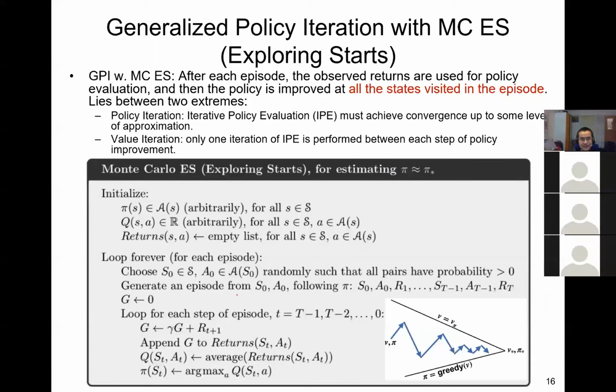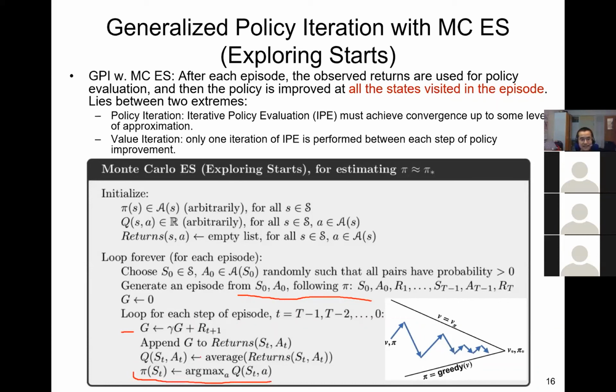So generate an episode following policy pi, a loop for every step of the episode. Going backwards, you update the returns and perform an average to get the Q, and immediately you take the argmax of the Q. That's every step of the episode.